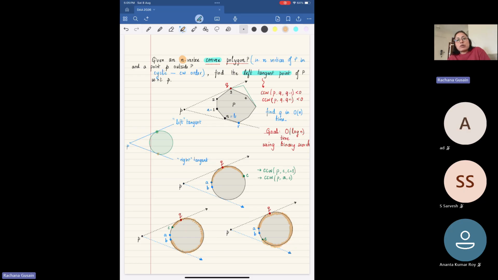Then we'll see more problems related to the topics covered in the course, and some algorithms which are not covered in the course. Okay, we'll stop here. If there are any quick questions, we can take them now or in the next session.